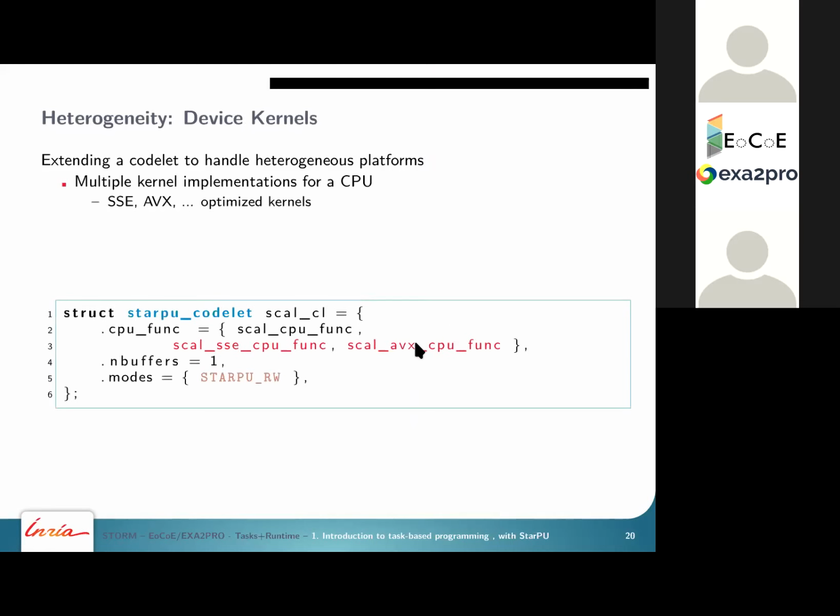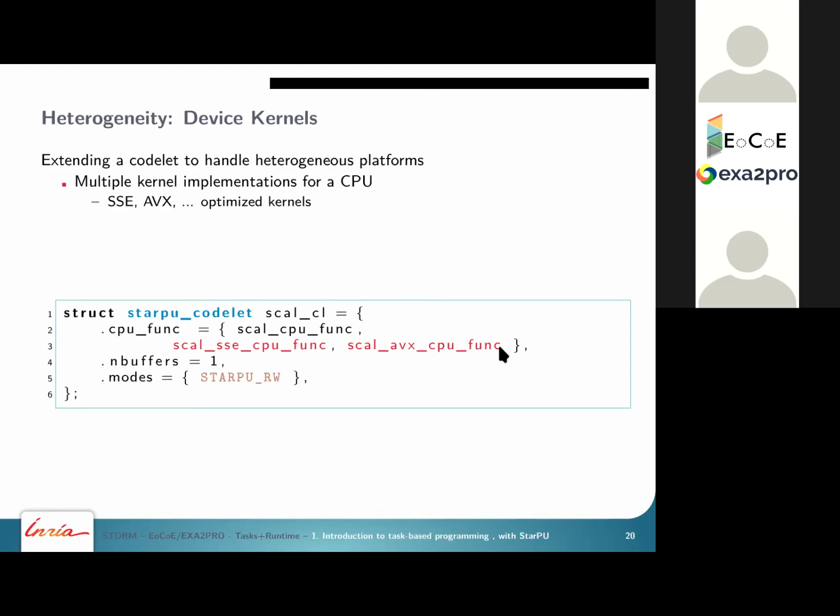So first, you can provide several CPU implementations. Here we had an array, and the array can be filled with several pointers to several functions. And StarPU will automatically determine which one is fastest for the data size and for the execution system based on previous executions.